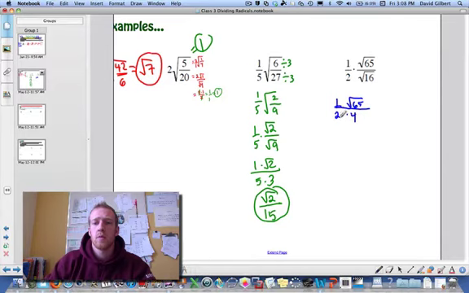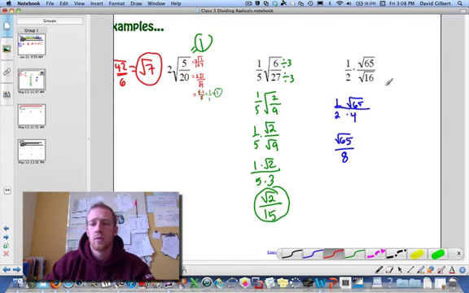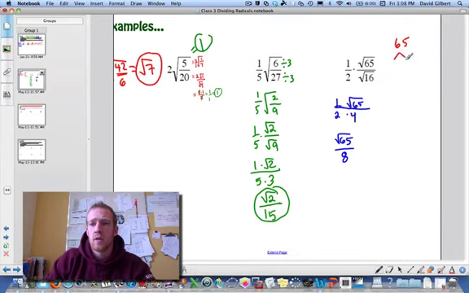So I have a 2 times 4 on the bottom, so I'm going to write root 65 over 8. Now I still got to deal with root 65. Let's see if that's reducible or simplifiable. So 65 is a product of 5 and 13, which they don't break into anything else. So there's no two numbers to pull out, so root 65 over 8 is as simplified as possible.